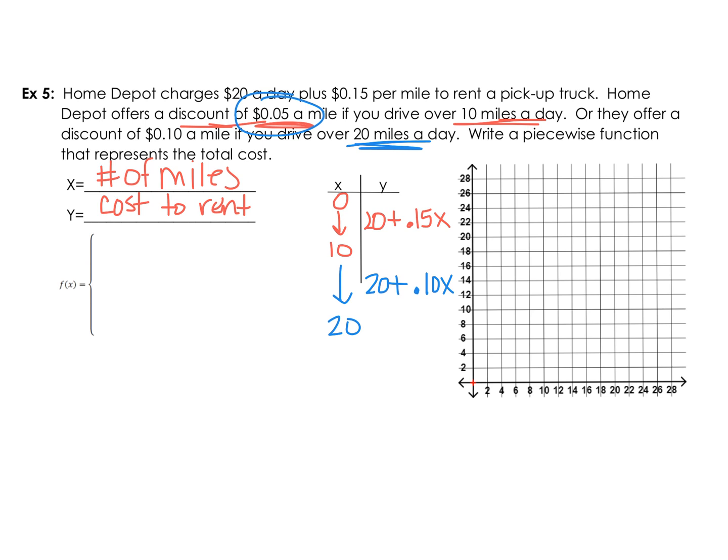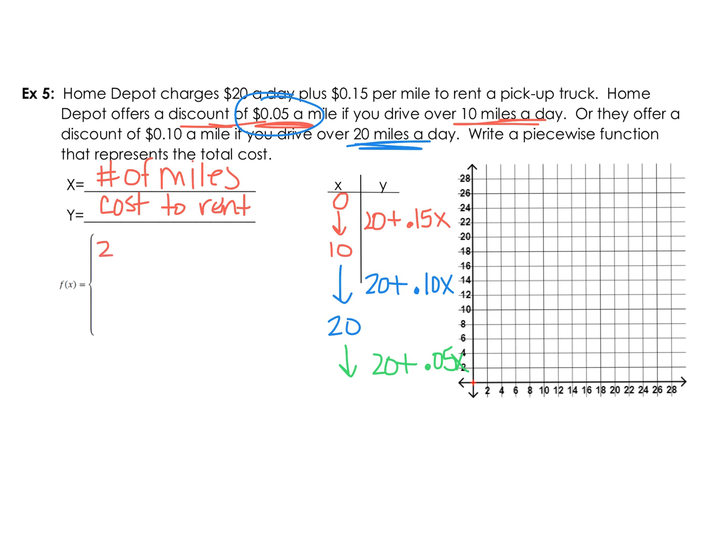We're just going to take away that 5 cents. Then anything above 20 is now going to be charged $20, and you're going to get a 10-cent discount from the original, so now it's 0.05x. Okay, so let's go ahead and write these equations over here and get our restrictions.